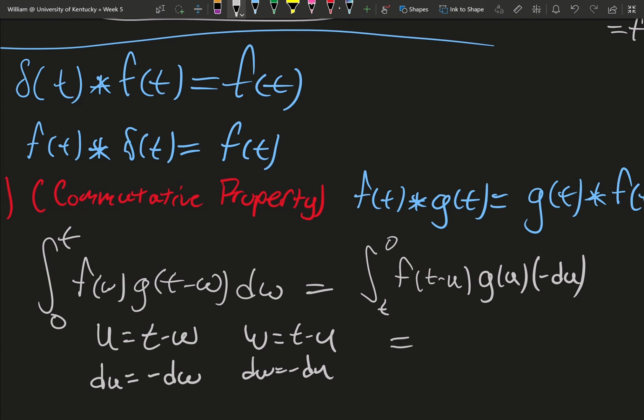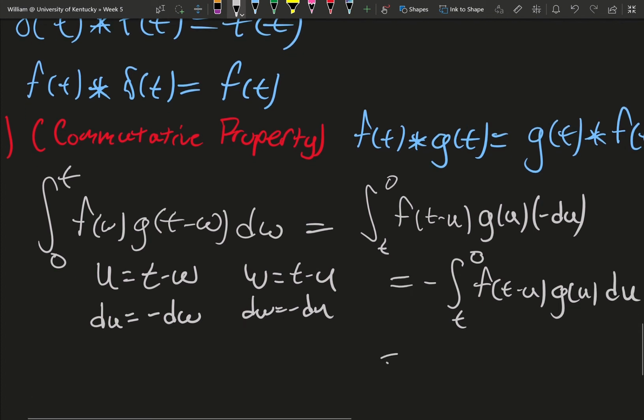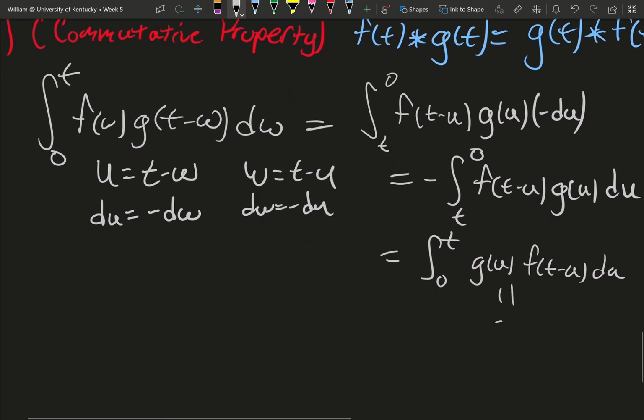And then remember, if I have a negative out front, I can swap the bounds on the top and bottom. And now we can see this is the convolution of g of t and f of t. But I started, right, with the order the opposite way.